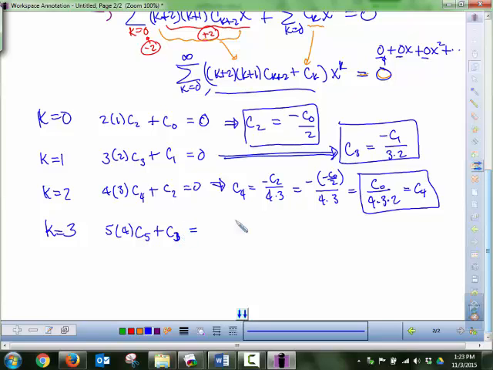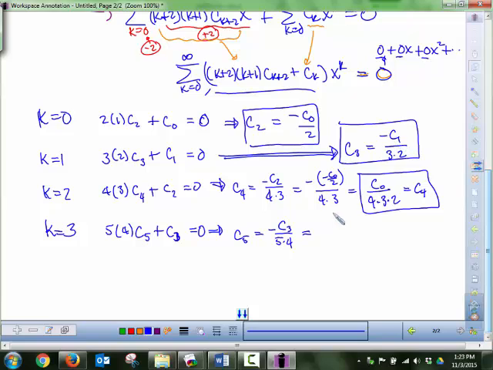So this is where we're going to find a connection now with C sub 1, because C sub 3 is something with a C sub 1 in it. This is equal to 0, so I want to solve for C sub 5. C sub 5 is equal to negative C sub 3 divided by 5 times 4.